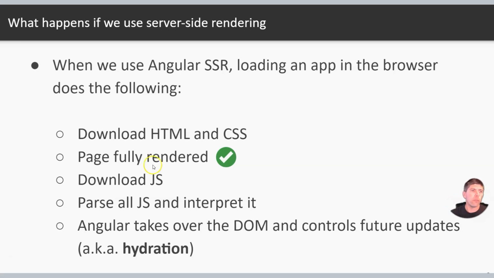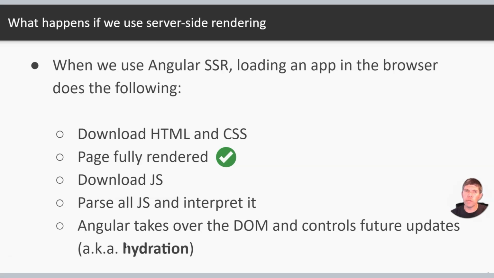And then the browser starts downloading JavaScript, parse the JavaScript and interpret it. And then Angular is going to take over the DOM and control future updates. This is the process that we call hydration in server-side rendering. So when you hear the word hydration, it really means that Angular is going to use the DOM, that was the HTML that was pre-generated on the server, and just take over that DOM and add its event listeners and all of the code of our components to just reuse it.